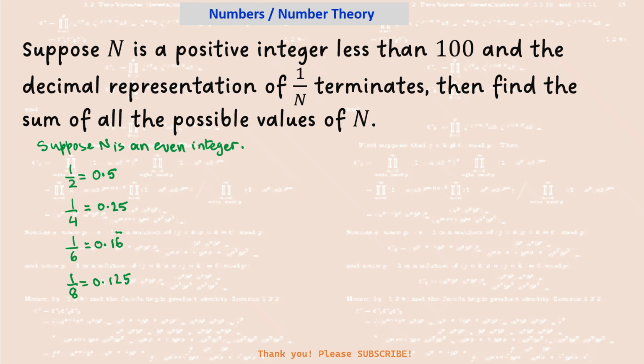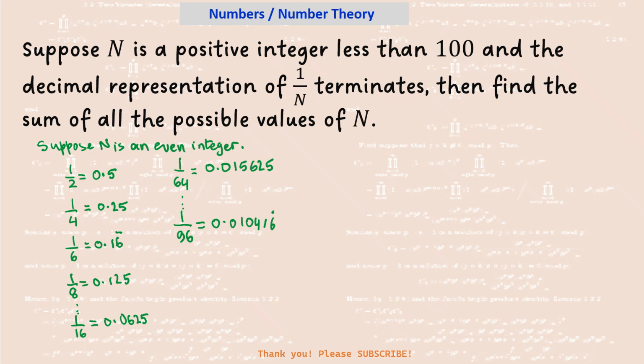Then 1 out of 8 is fine, 1 out of 16 works, 1 out of 64 is also non-recurring, and then if you do 1 out of 96, it's even, it's a multiple of 4, it's a multiple of 2. However, it doesn't work, it gives you a recurring decimal.